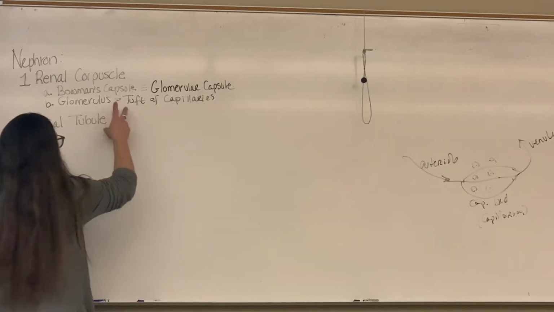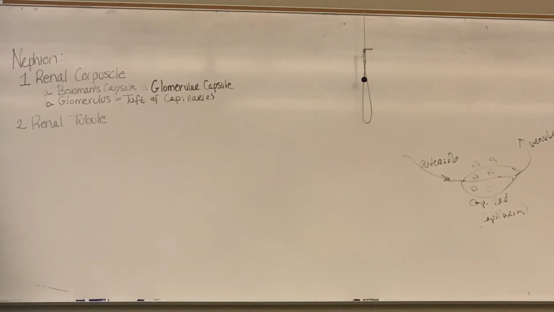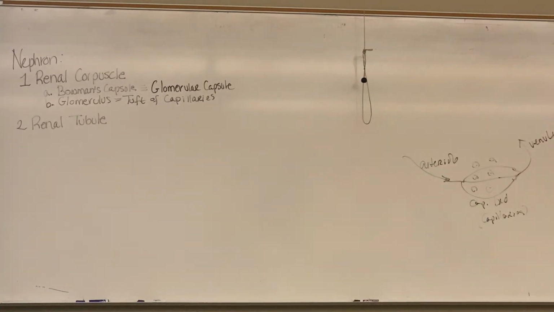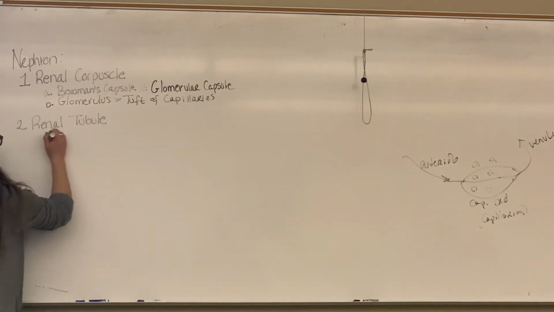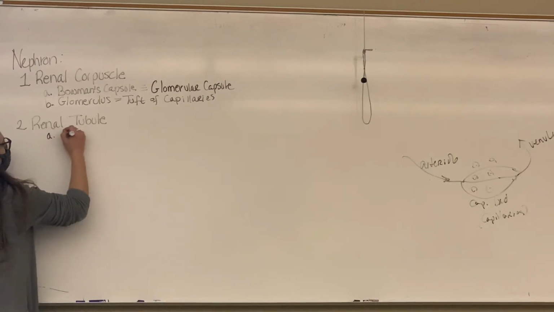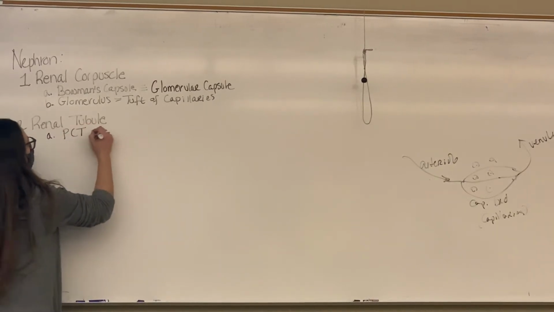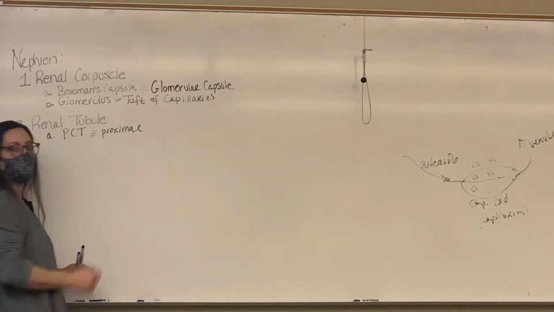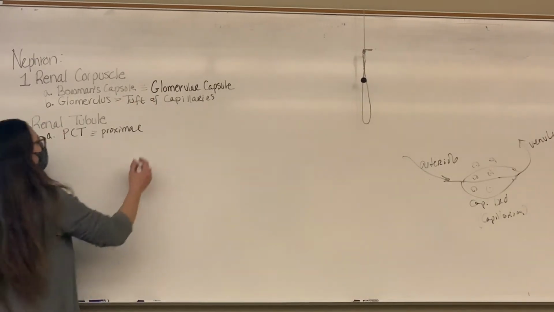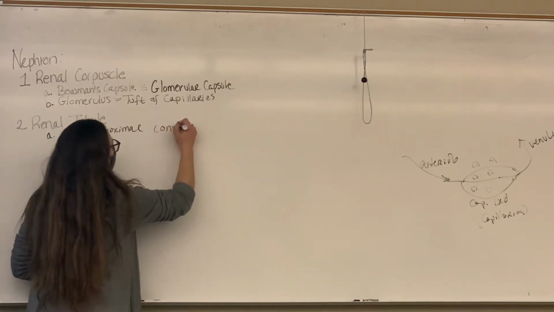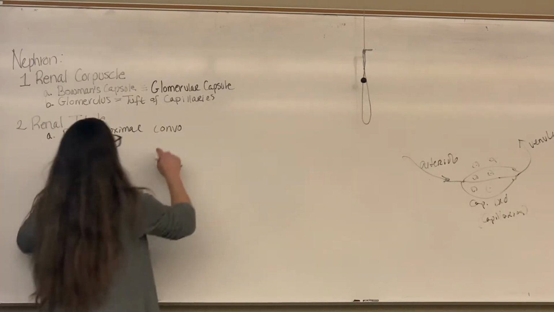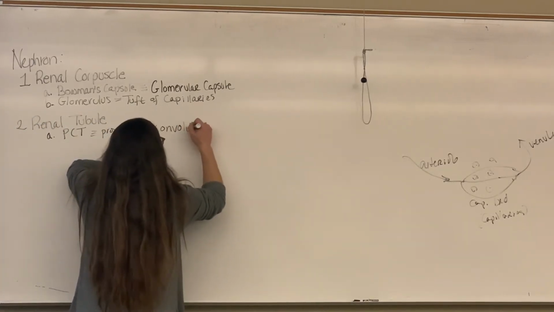Now, that filtrate that's going to come out of the blood and collect in Bowman's capsule will then start traveling through the renal tubule. The renal tubule has several different parts. The first part is called the PCT. Proximal because it's closest to its corpuscle. Proximal convoluted because it's not nice and straight, it's twisty, it's convoluted.